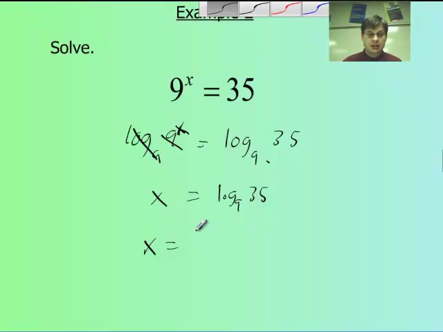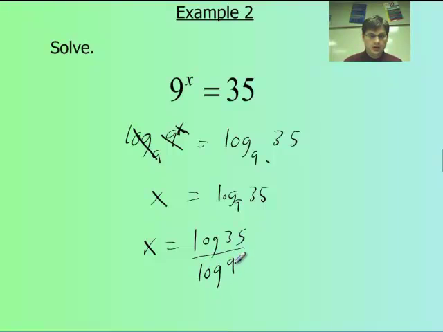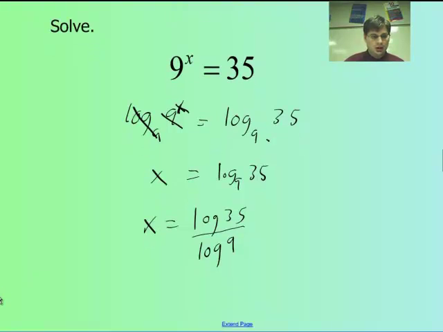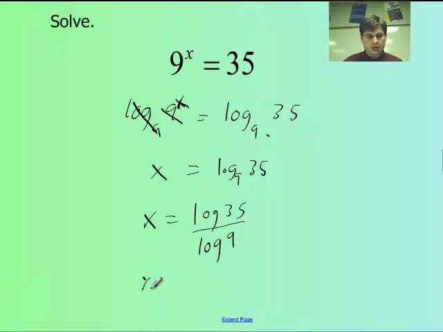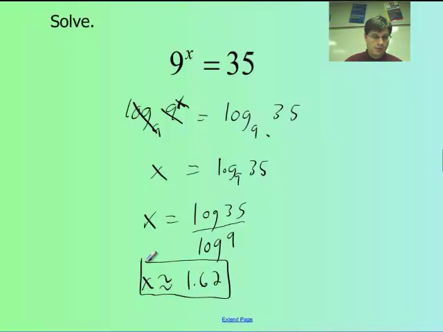So I would say log of 35 over log of 9. And I'd punch that in my calculator, and x would be approximately 1.62. Of course, I could have done a natural log if I'd done change of base as well.